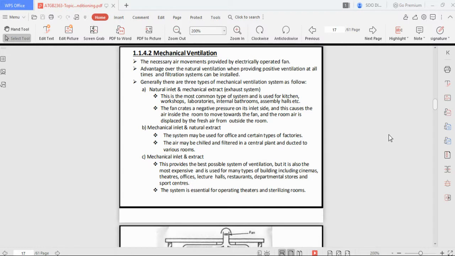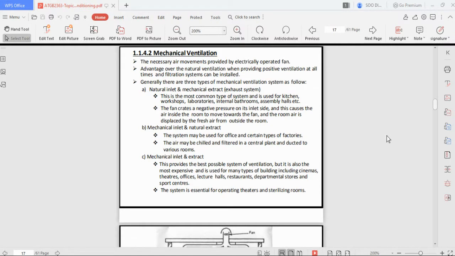Although the outside air is fresh, there will be pollen, dust, and everything flying around in the air. If you have a filtration system installed, then you'll be able to filter out all this flower pollen and dust, and you only get the fresh air into the room.